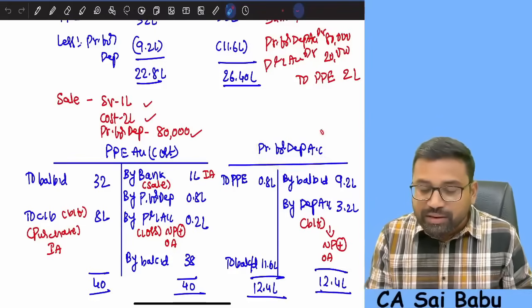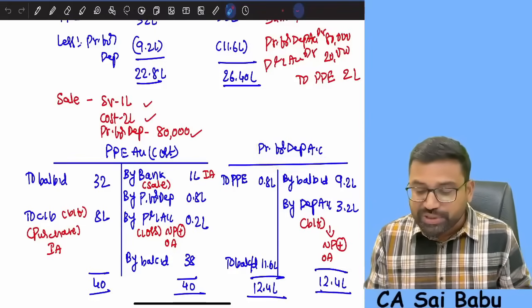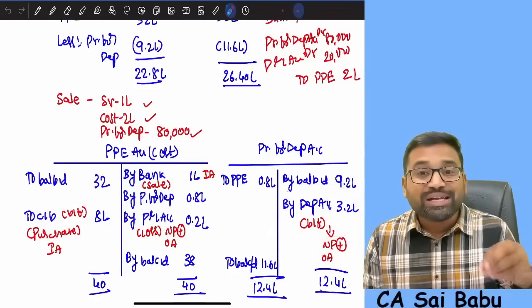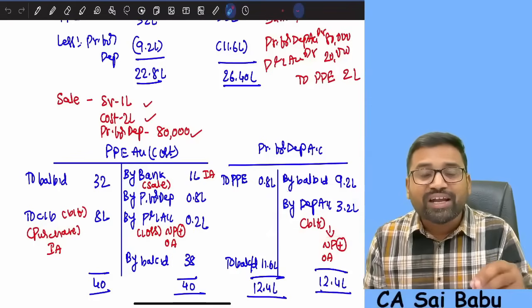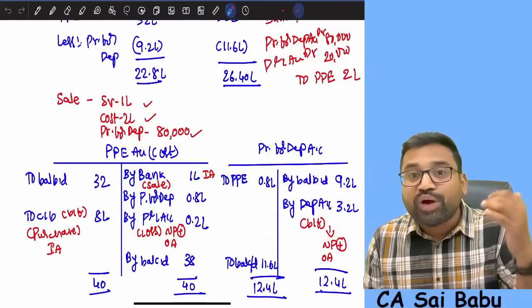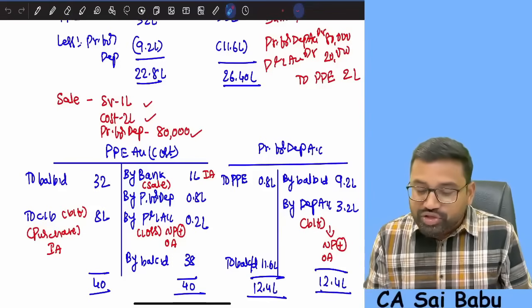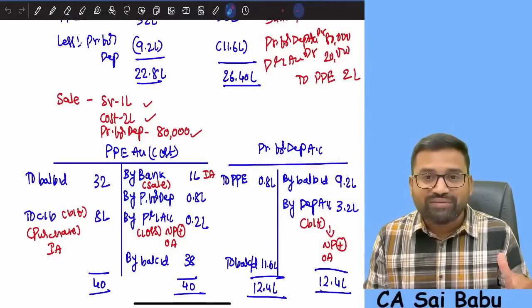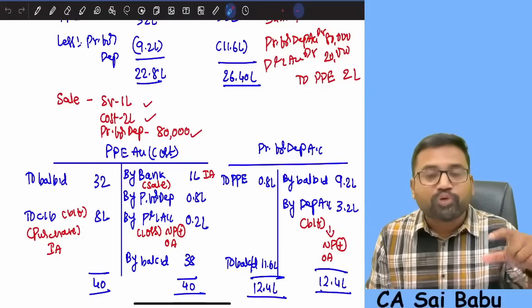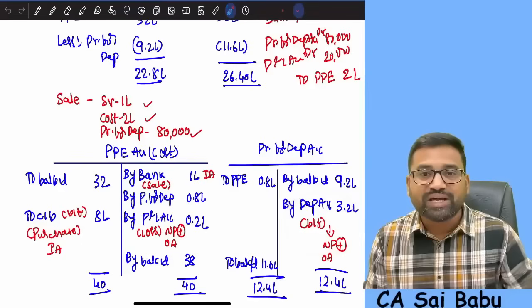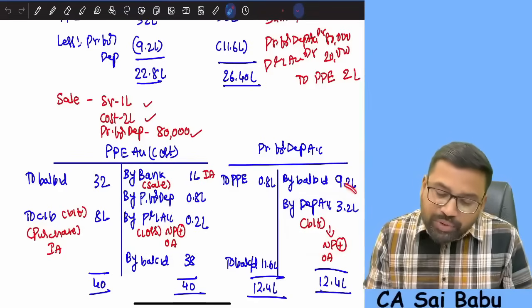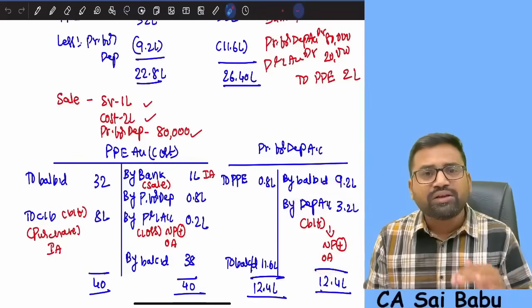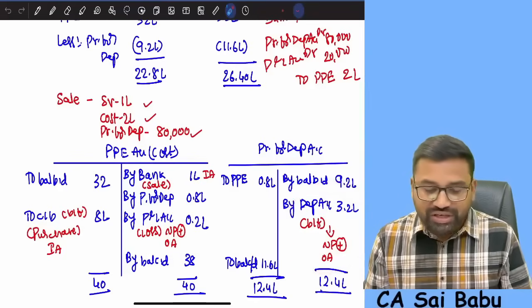In most cases, the main purpose of preparing it is to ascertain the depreciation. Depreciation is a non-cash item. You know, in the indirect method, when I want to ascertain cash flow from operating activities from the net profit, I need to add back these non-cash items, right? Sometimes they won't give you depreciation, but in the question, provision for depreciation is available. Therefore, try to prepare the provision for depreciation account to ascertain the depreciation of the current year as the balancing figure. Suppose in the question the current year depreciation is given, no need to prepare the provision for depreciation account.